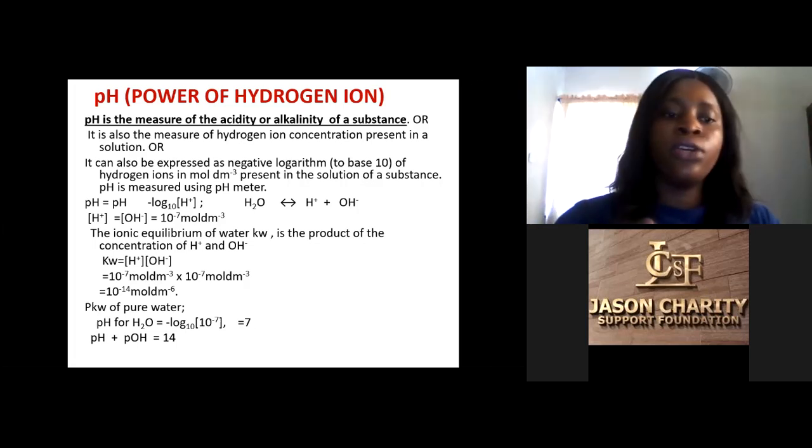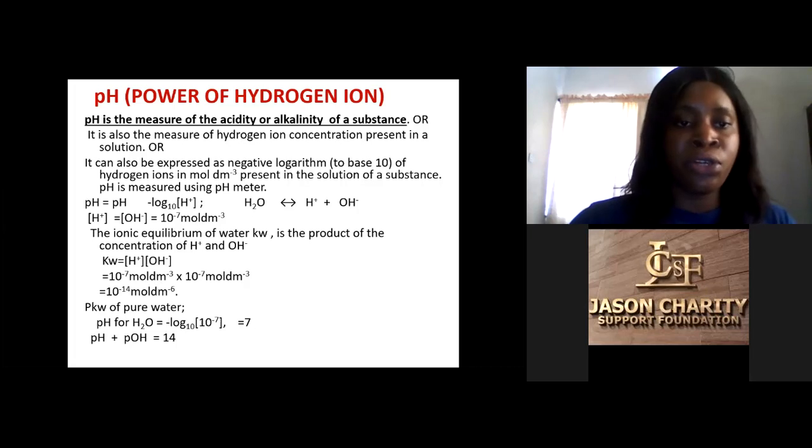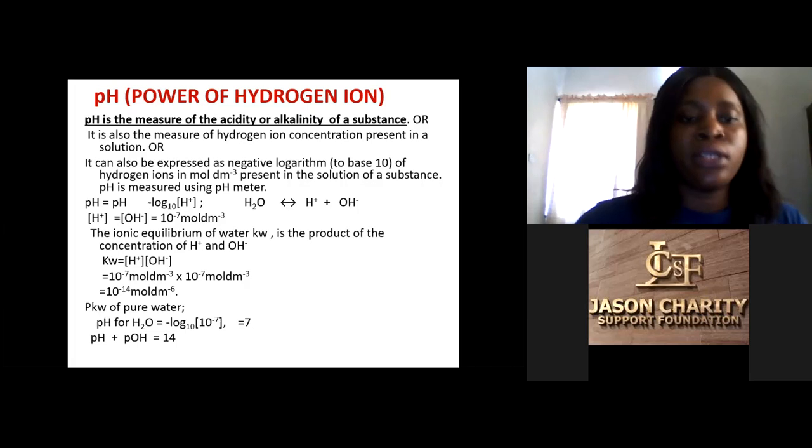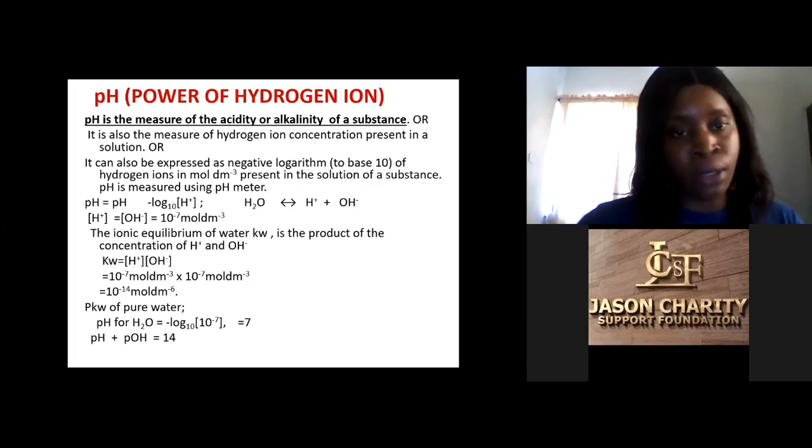The product of the concentrations of the two gives us 10 to the power of minus 14 moles squared per dm cube.